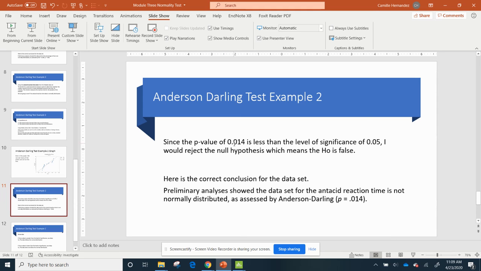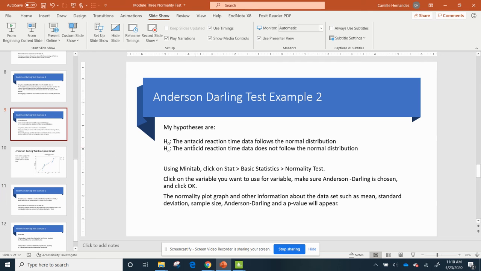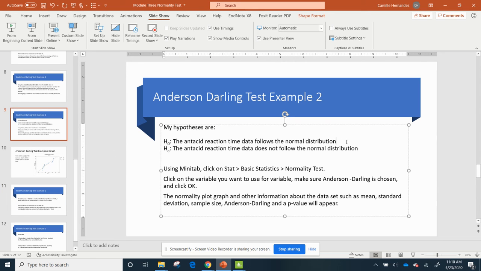So since my p-value is 0.014 and it's less than the level of significance, I'm going to reject my null, which means my null hypothesis is false. So if I go back up here, what I'm saying is this one is false and this one is true. So again, it's showing my antacid reaction time doesn't follow the normal distribution.